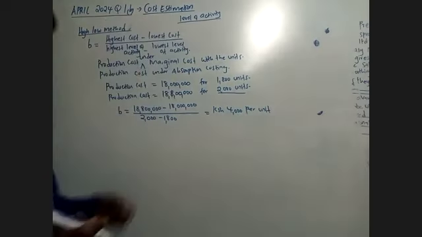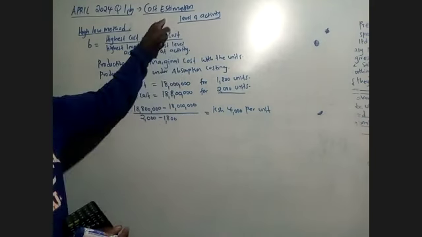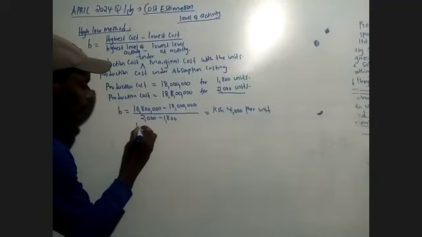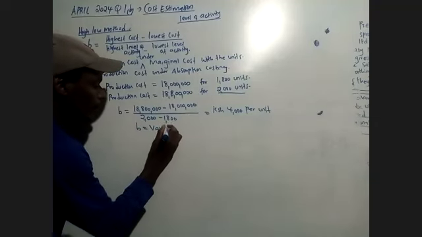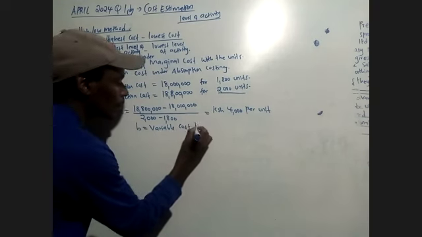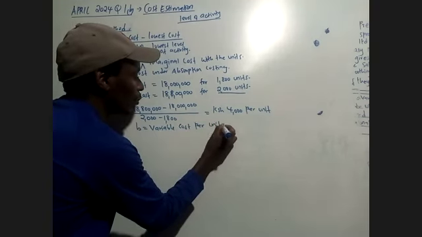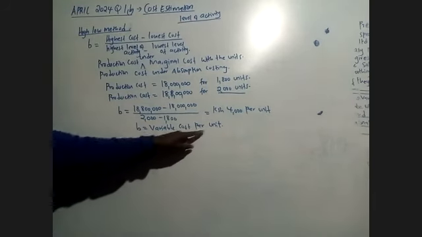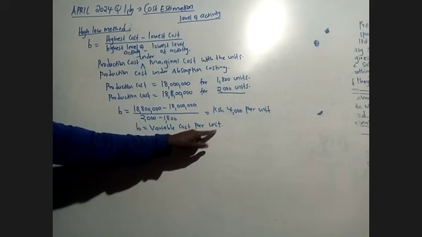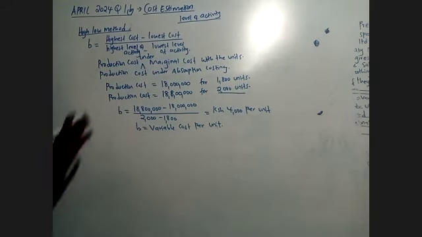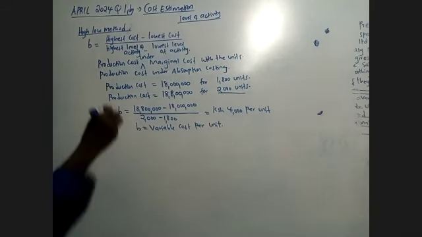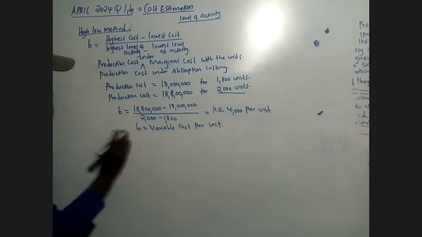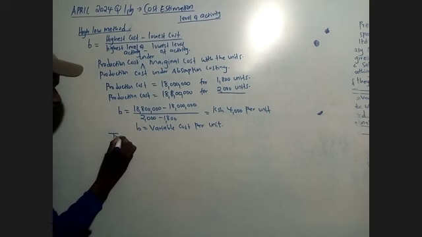Remember, in our previous class on the high-low method, we said that B represents variable cost per unit. The keyword is per unit. Now we can come up with a trend equation. Remember, our trend equation is given by this. This is something you need to know.